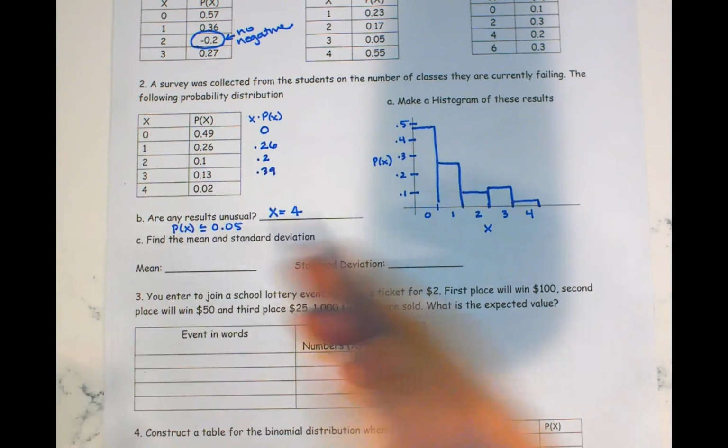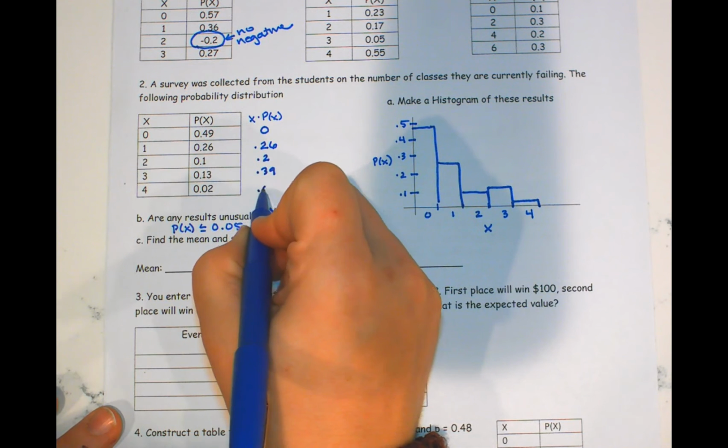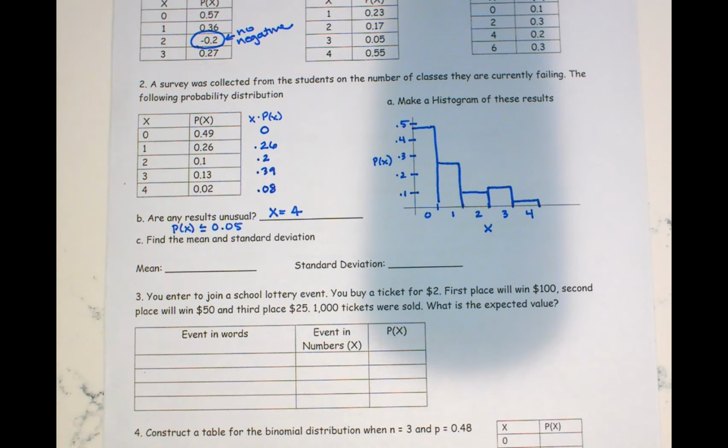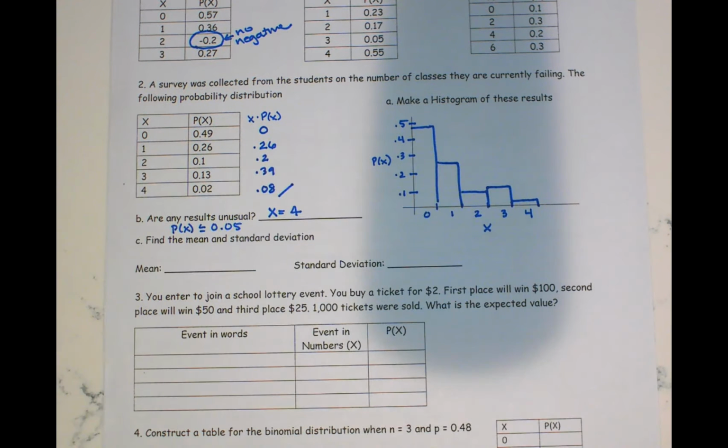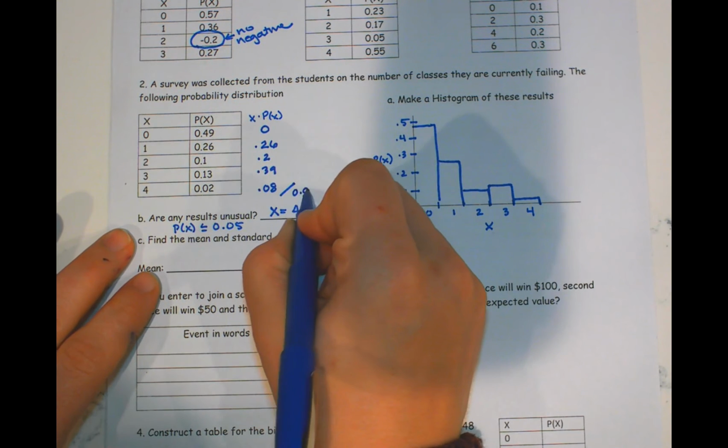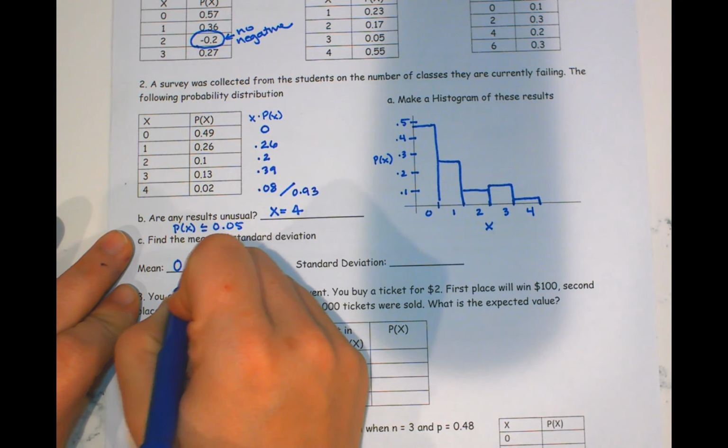And 4 times 0.02 would give me 0.08. And then I'm just going to add up all these values, and that's going to tell me my mean. I don't have to do anything else. So if I add up 0.26 plus 0.2 plus 0.39 plus 0.08, I get 0.93. So my mean is 0.93.